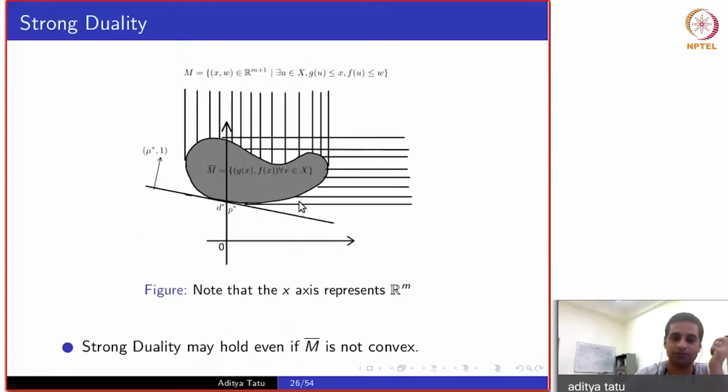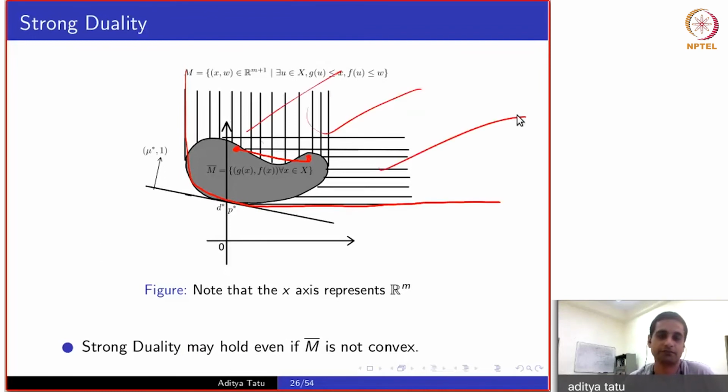Okay, so now I think it makes sense. So here is another example of M bar. Is M bar a convex set? No, sir, it's not. But what about the set M? This entire thing. This is convex.